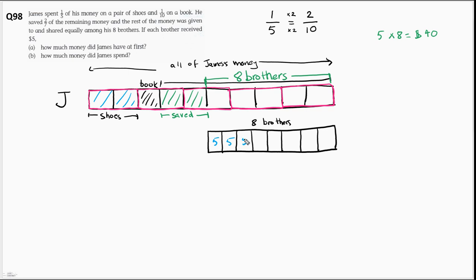And it might then give us the confidence to see that 5 times 8 is the total amount that this part of the bar is worth, 40.